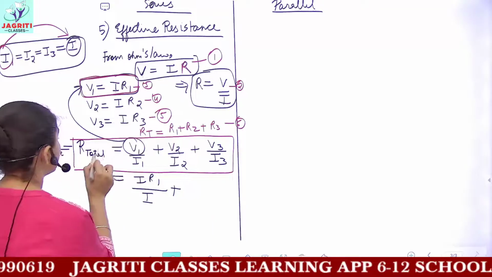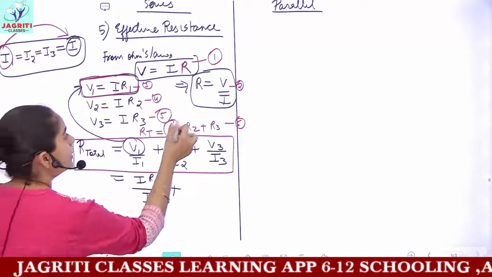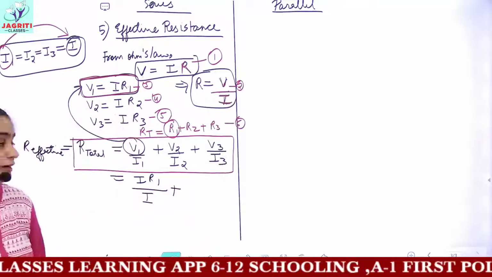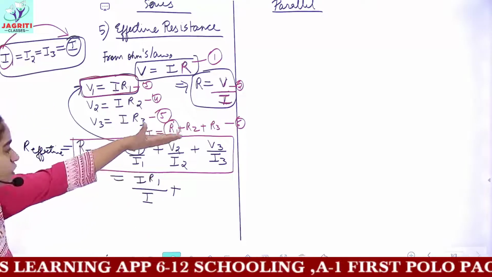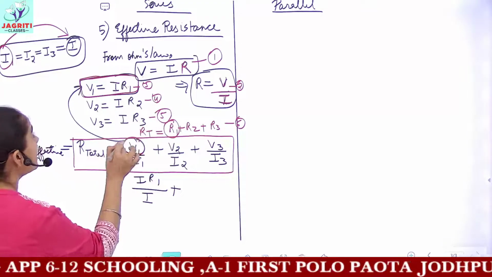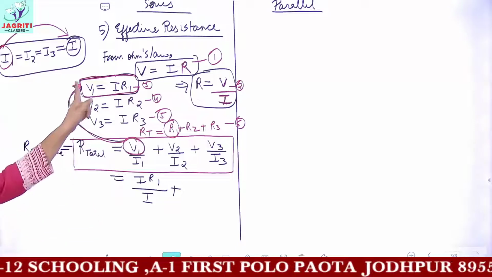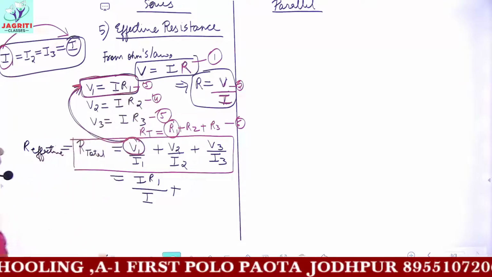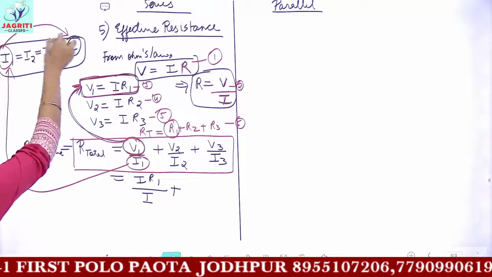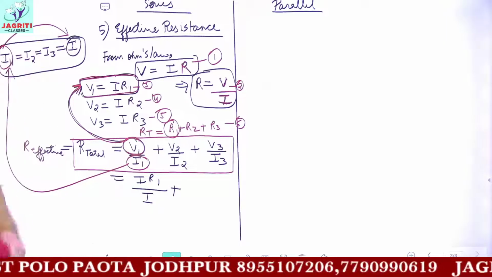So R total would be, what is R1? R is potential divided by current, V upon I. So here I have written V1 upon I1, V2 upon I2, V3 upon I3. Then this value of V1 I have taken from equation number three. V1 is IR1, and instead of I1 I have written I, because I1 is equal to the total current I here. Okay.